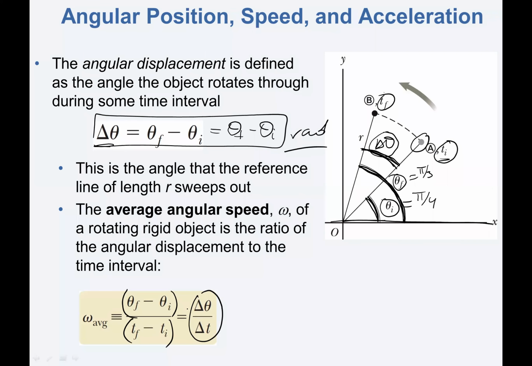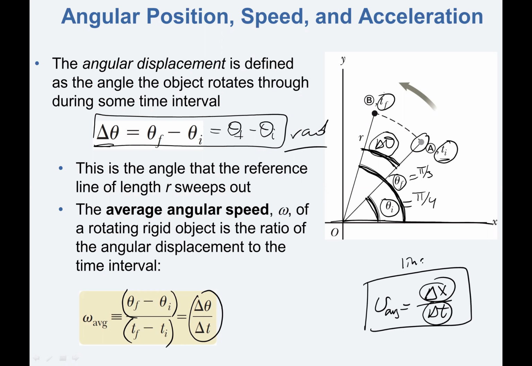All right, very similar to, let's say, delta x over delta t, linear displacement over time. Remember, that was average linear velocity. So this was linear, right? Now what we're saying is that we have average angular speed or velocity, and that is taking the angular displacement and dividing by the time interval.